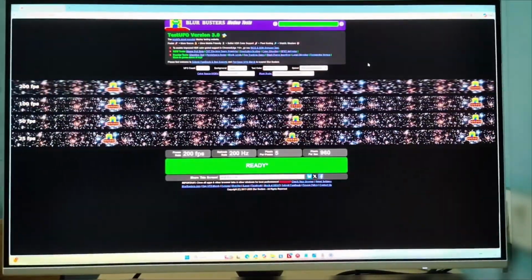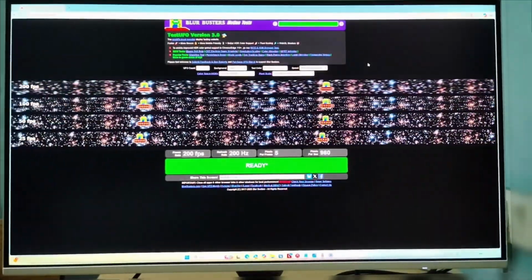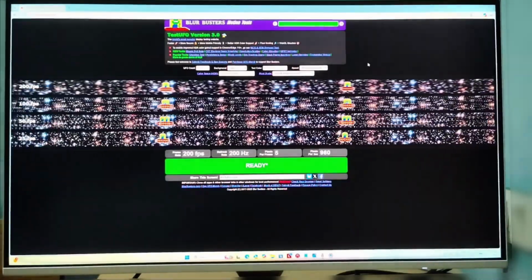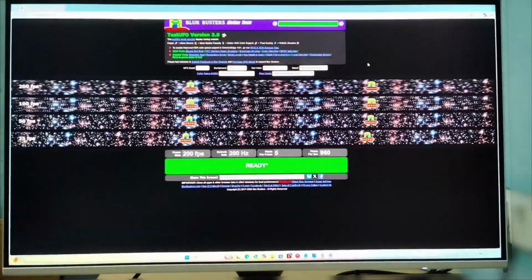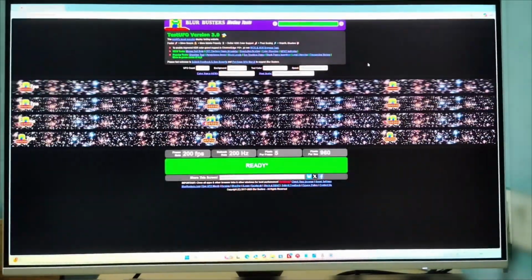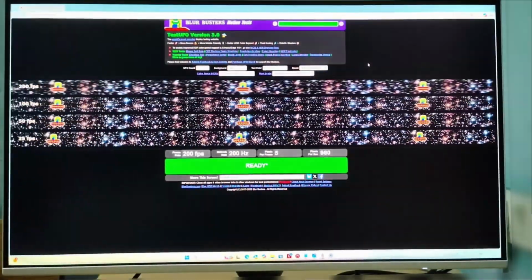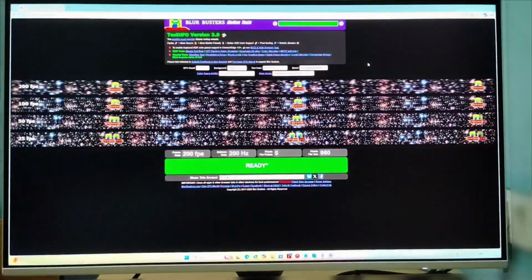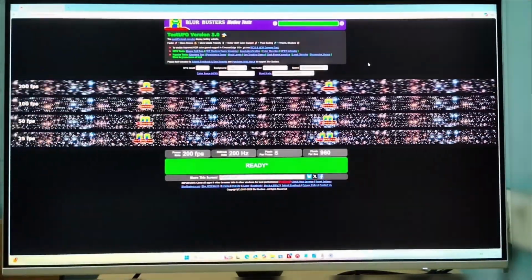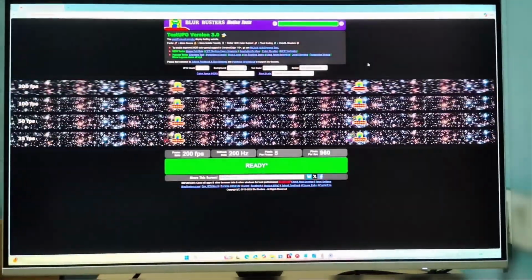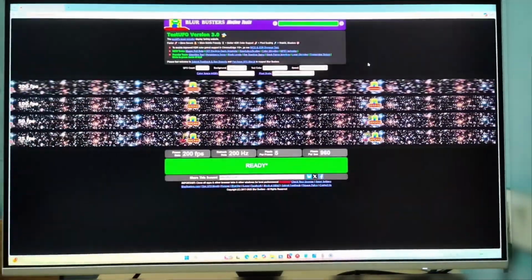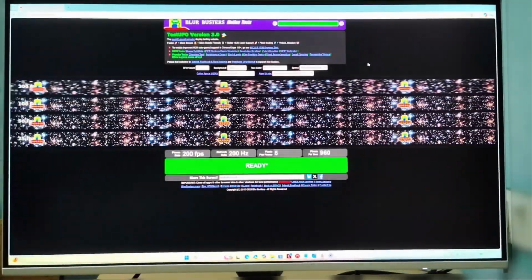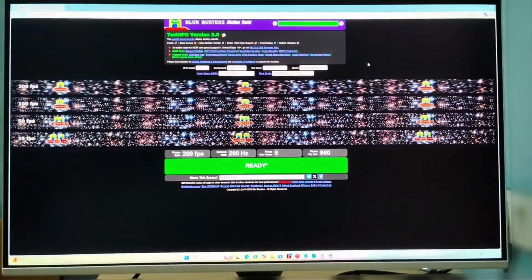So the monitor updates the screen every 5 milliseconds, because 1 divided by 200 is 5 milliseconds. And since the UFO is moving at 960 pixels per second and my screen is updating every 5 milliseconds, by the time the next frame appears, my UFO has already moved some pixels forward.